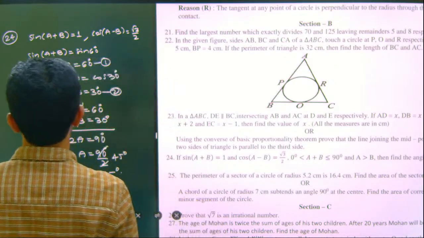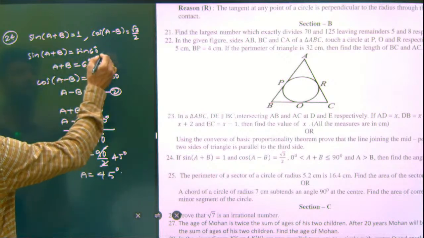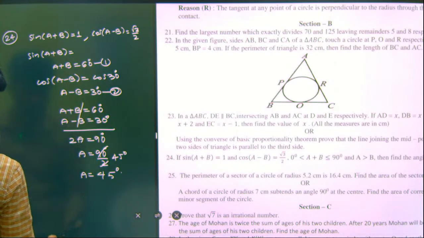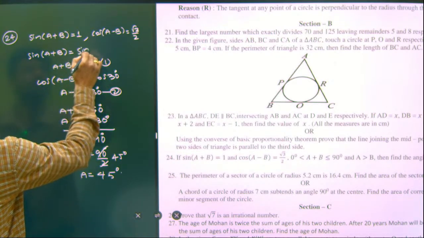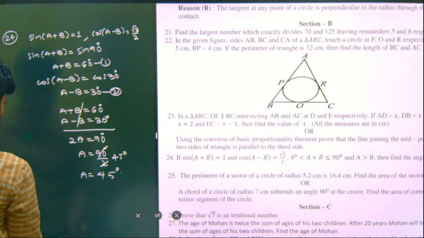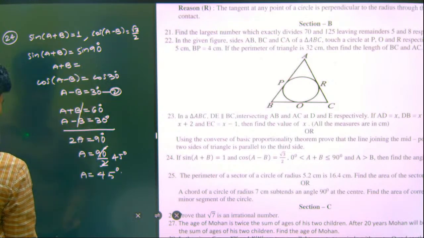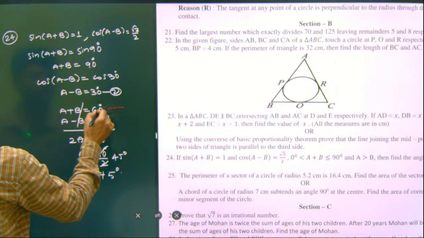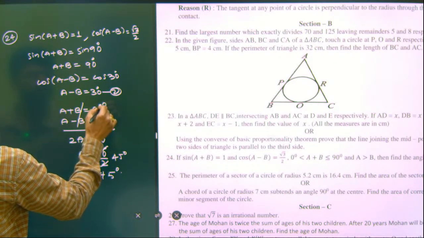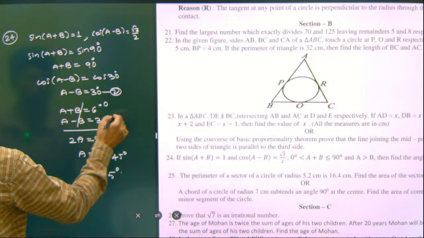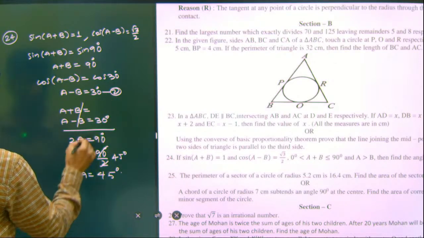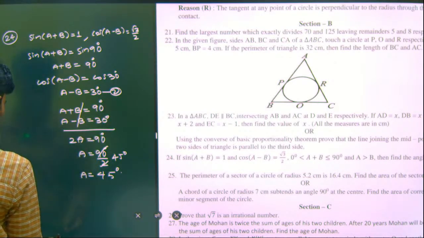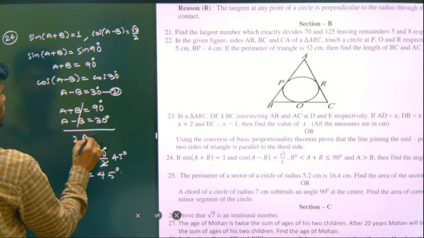Okay, I had taken it wrong. You are correct. This is sine 90 degrees, and this is also 90 degrees. This is 2A equal to 120 degrees.